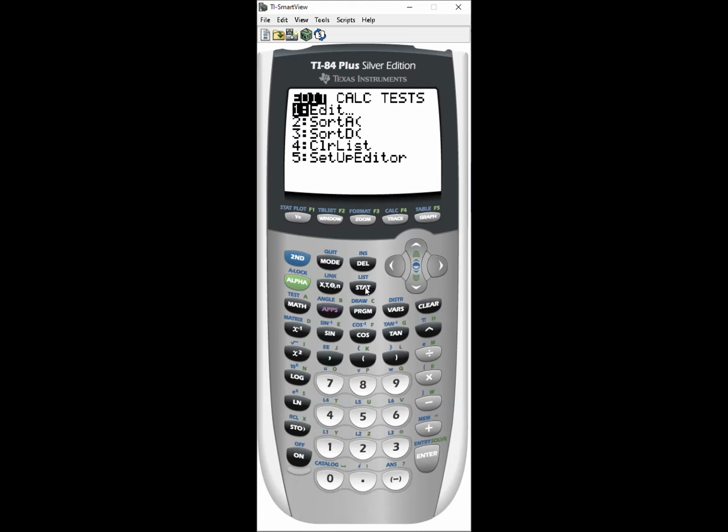So press start, over to tests, scroll down to ANOVA.